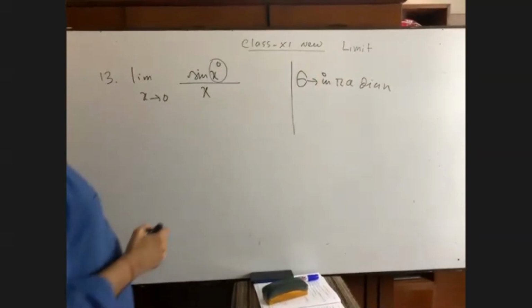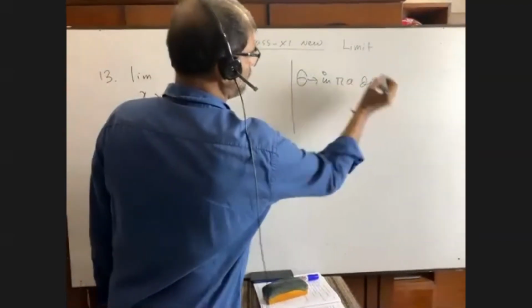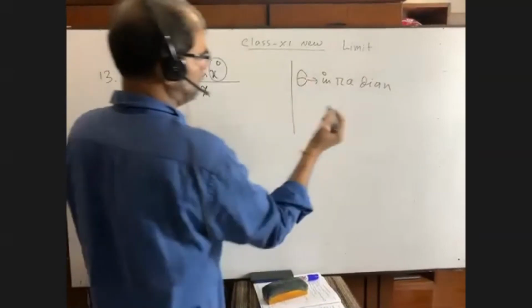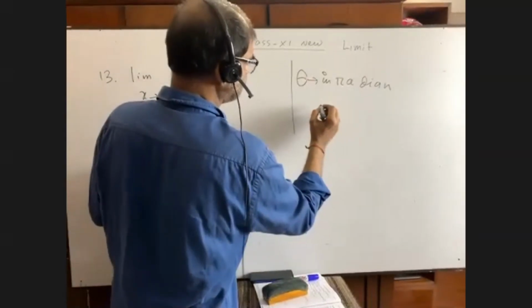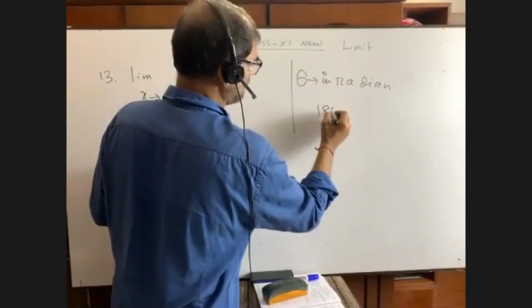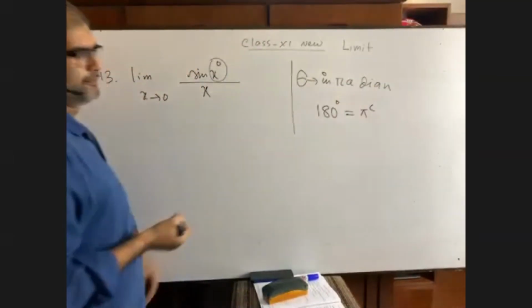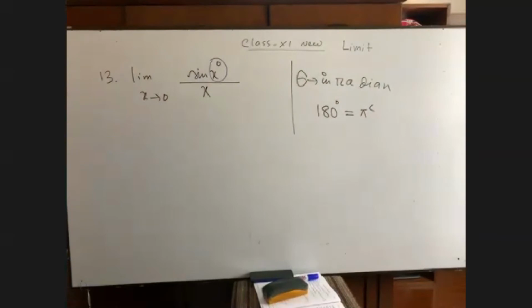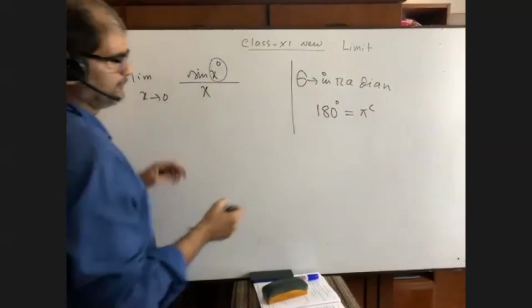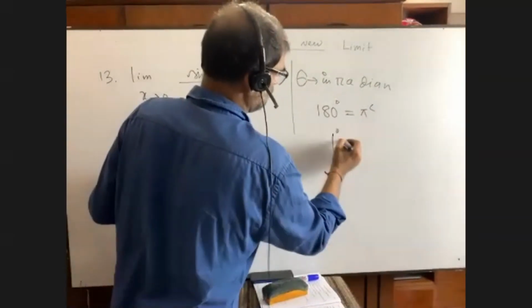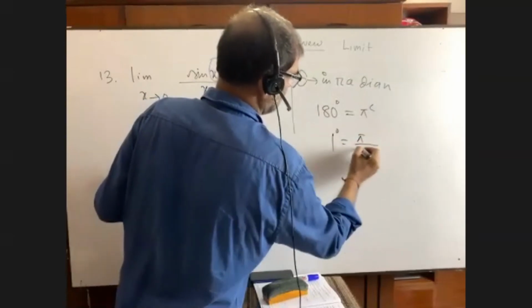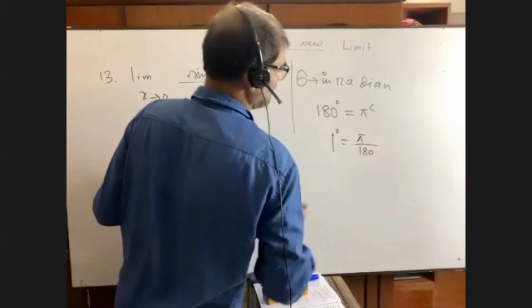Very good. So you see, dear students, we know 180 degree equals to what? Can you please tell me? Pi radian. You have to talk to me. 1 degree equals to what? Pi by 180 radian.